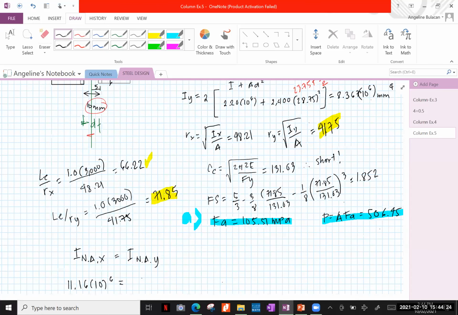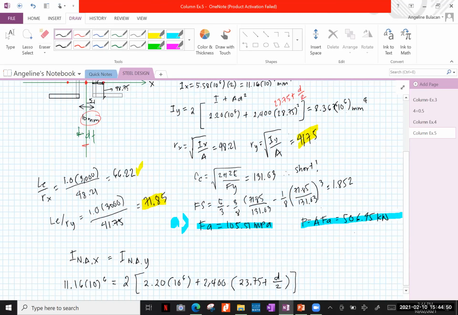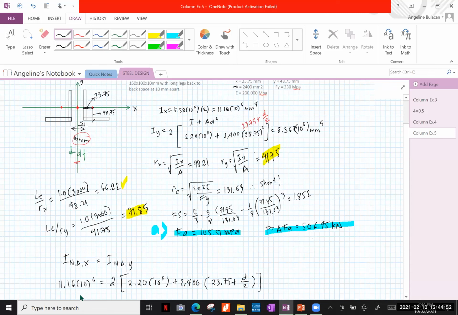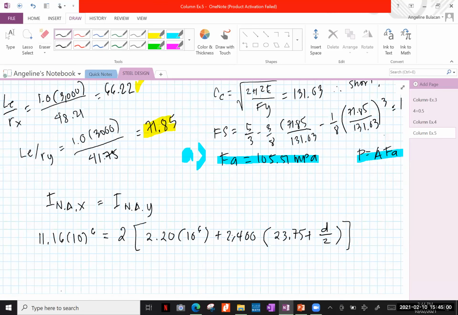So, magiging 2 times 2.20 times 10 raised to 6 plus 2,400 times the distance, 23.75 plus d over 2. Kung mapapansin nyo, ang only unknown here is your d. So, makukompute natin yung distance wherein magiging equal yung strength along the x and y axis.